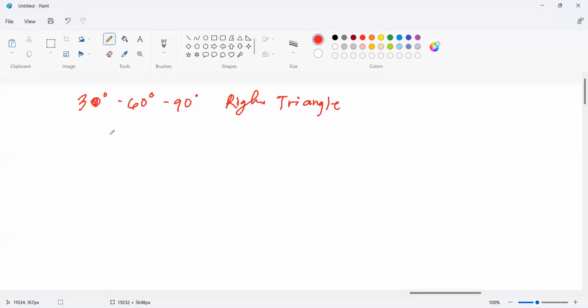For a moment, let's say we have here another right triangle with 30, 60, 90. Zooming in, and then we'll try to name this one using blue.